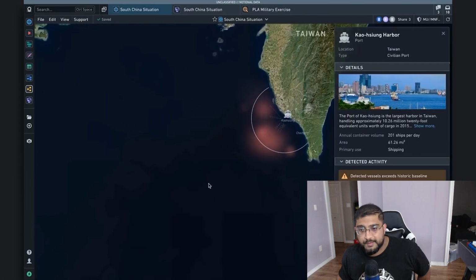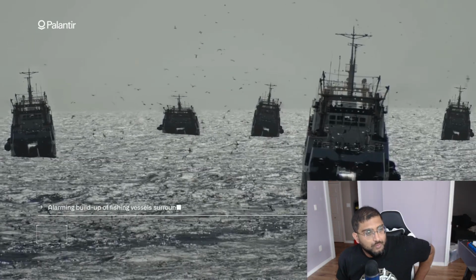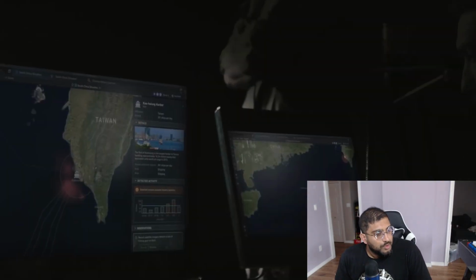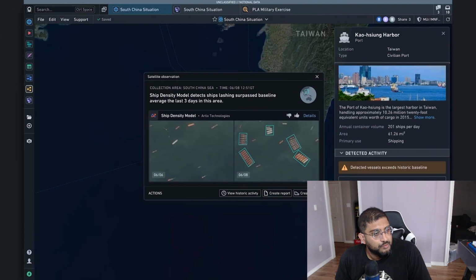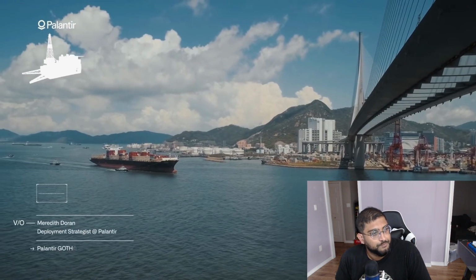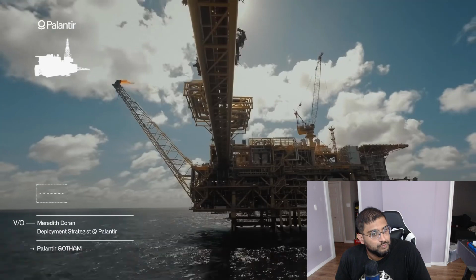To the north, ship detection models identify an alarming buildup of fishing vessels surrounding a major Taiwanese port. An activity model detects that many of those ships are tied together, suggesting an ulterior motive and increasing the risk of a blockade. The U.S. maintains a national interest in free trade throughout the South China Sea.